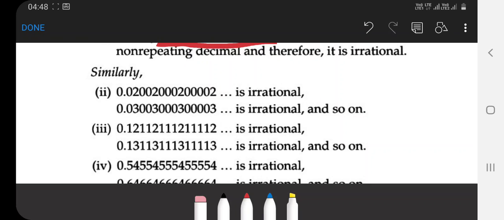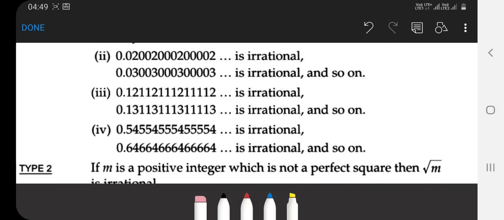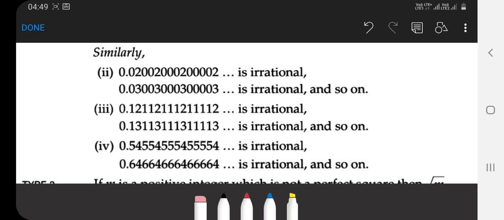Similarly, 0.02, 002, 003, 0003 is irrational. All these number patterns are irrational.